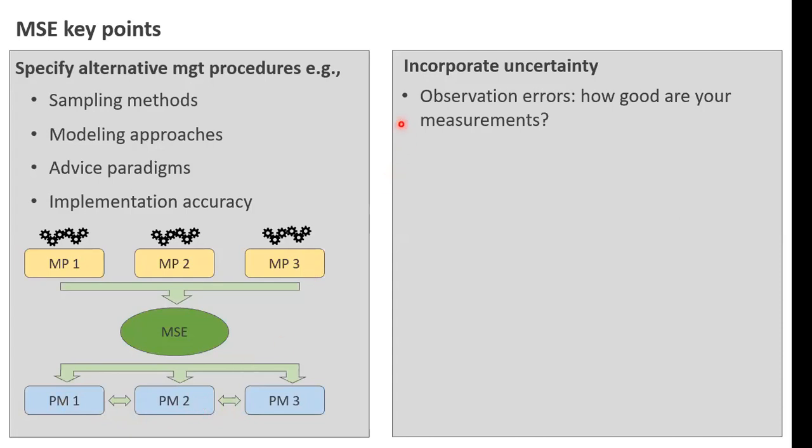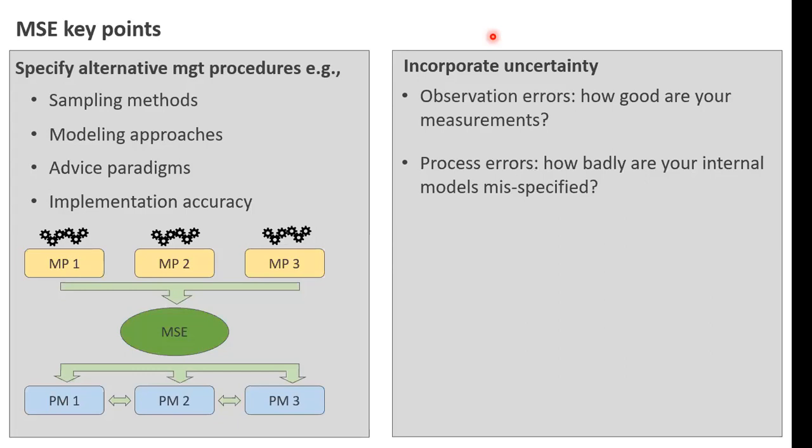And finally, I just want to mention the uncertainty component. It's really critical in these models to incorporate uncertainty of all types, including observation errors, which we talked about before: how well are we actually measuring the system, and process errors: how badly are our internal models misspecified, because they always are.